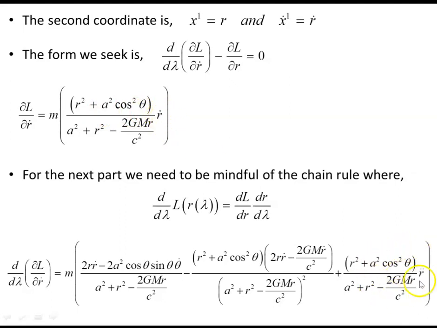When we get to the last bit here, that was easy. That r dot there becomes r double dot multiplied by what we originally started with. But this part here was the quotient rule. And then within that quotient rule too, there were derivatives with this r and theta that had to be differentiated too with the chain rule. So a great deal of care has to be taken there.